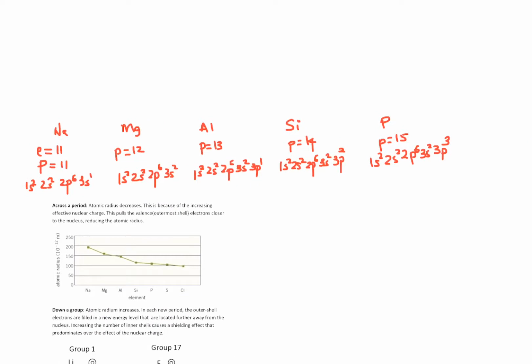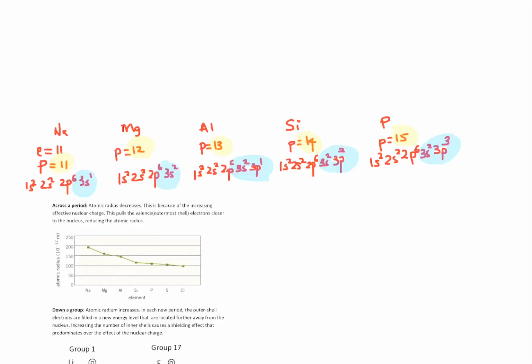What is happening is that the electrons are being filled in the same principal energy level. So here it's being filled in the third principal energy level, which means that the overall positive charge that is pulling the electrons is increasing.